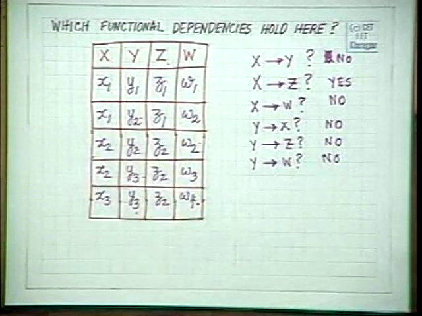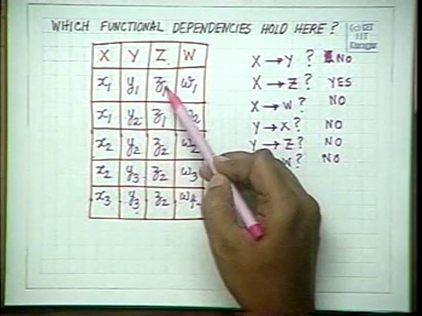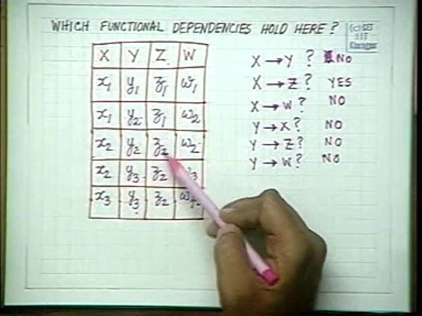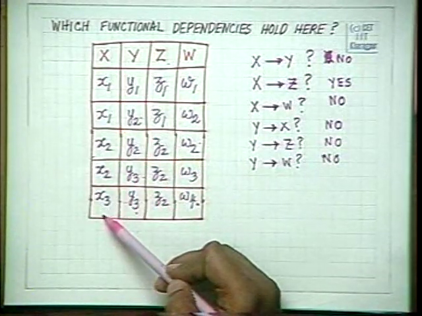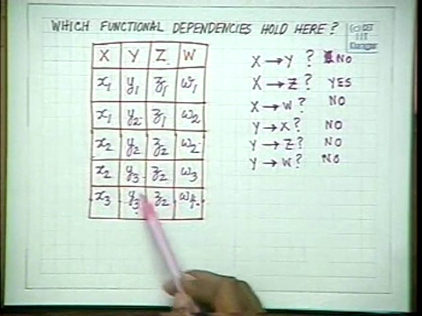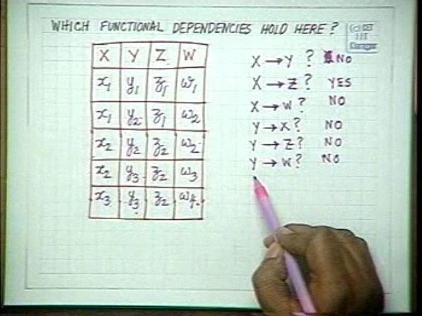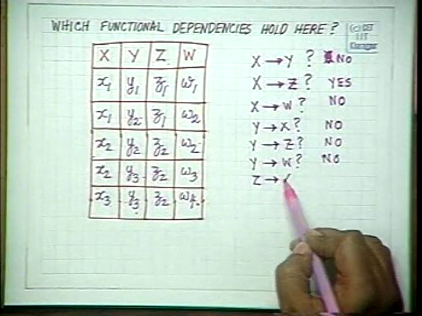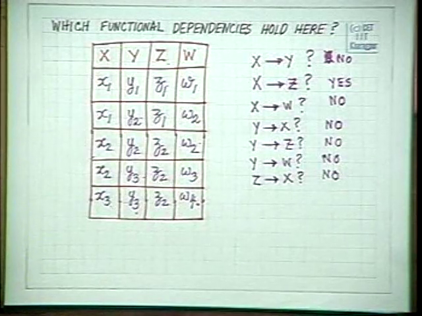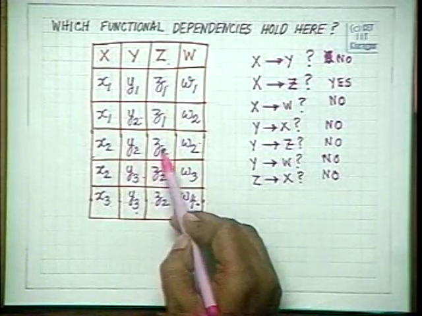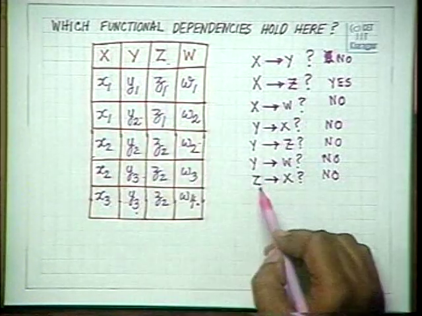Z to x: it holds here, but it does not hold here. Look at this, z to x for x3. So z to x also does not hold. Z to y does not hold. You look at this.